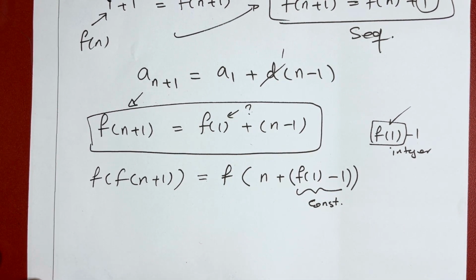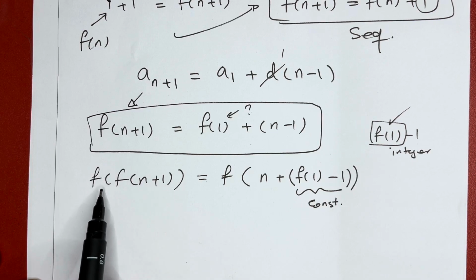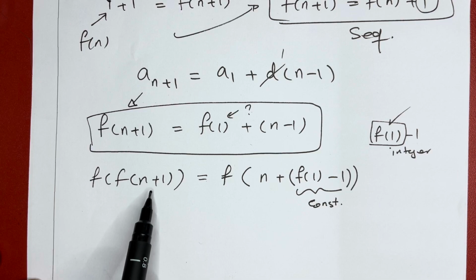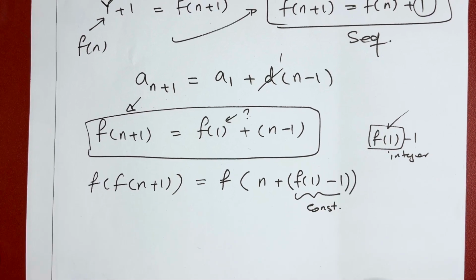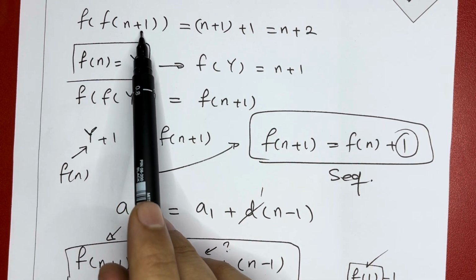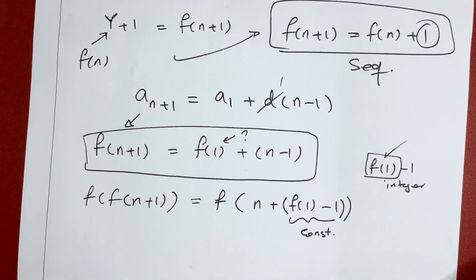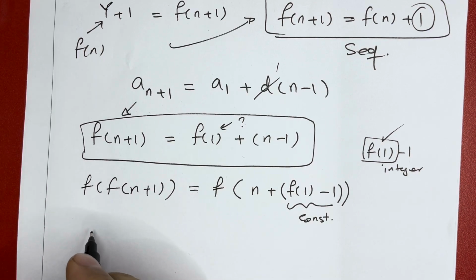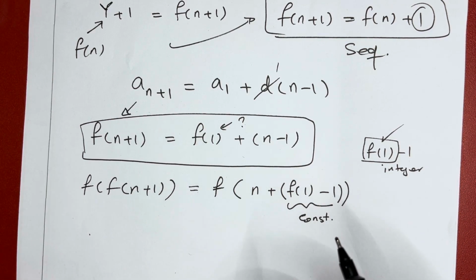So let's go back to here. f of f of n plus 1 can be written as n plus 2, okay? Or I can do another thing.